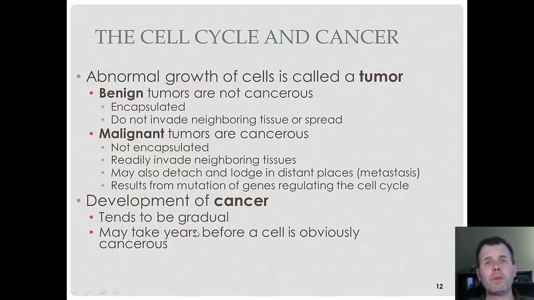Okay? Typically, when you do get cancer, this is a gradual process. It's not like you're going to get cancer and die the next day. It tends to be a long period of time. And what happens is most people don't recognize the signs and symptoms or maybe don't even have any signs and symptoms at that time and let it progress for a number of years before they do anything about it. And that's when problems arise, when you let it go for a long period of time.